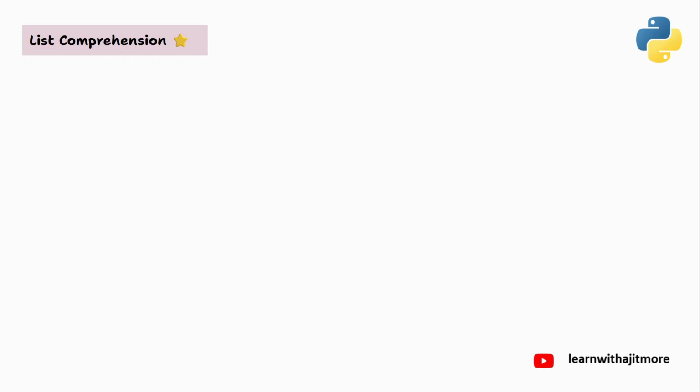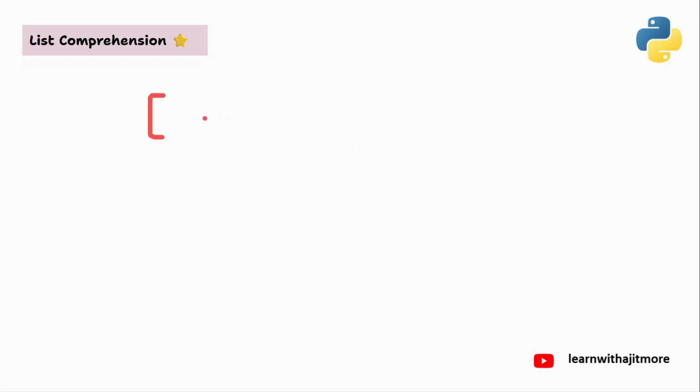Means you can write the for loop itself in a square bracket. That's what comprehension means: instead of writing lengthy for loops, you can produce the list by writing one single line of code. एक लाइन में ही पूरी लिस्ट कैसे बिल्ड कर सकते हैं, that's what you can see.